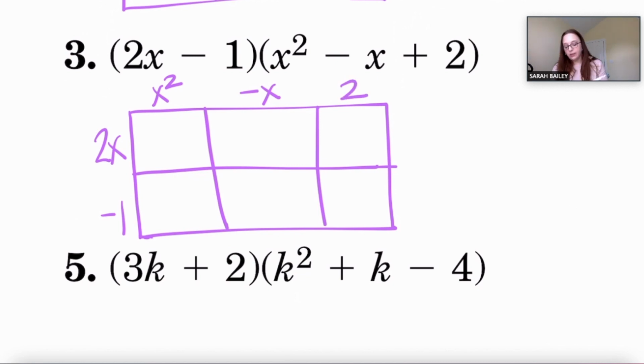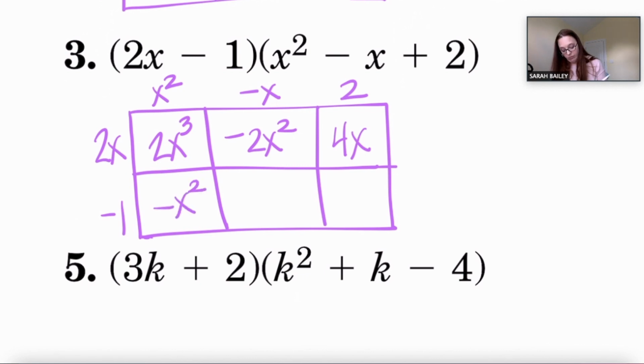So I'm going to do 2x times x squared, which would be 2x cubed. 2x times negative x is negative 2x squared. 2x times 2, 4x. Now I'm going to do negative 1 times x squared, so that would be negative x squared. Negative 1 times negative x is positive x, and negative 1 times 2, negative 2.